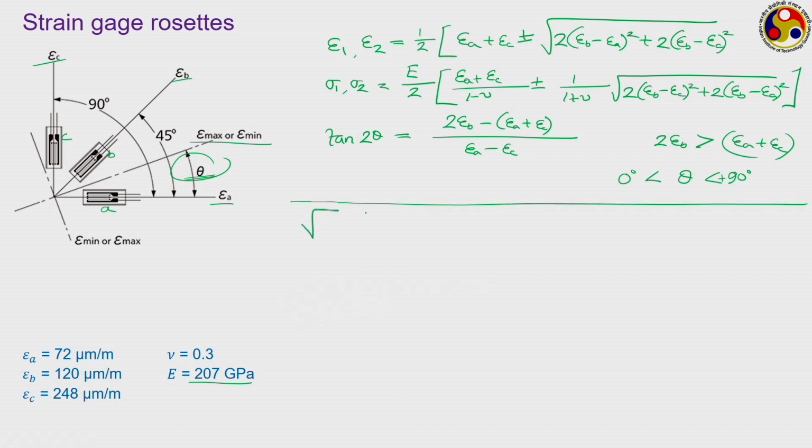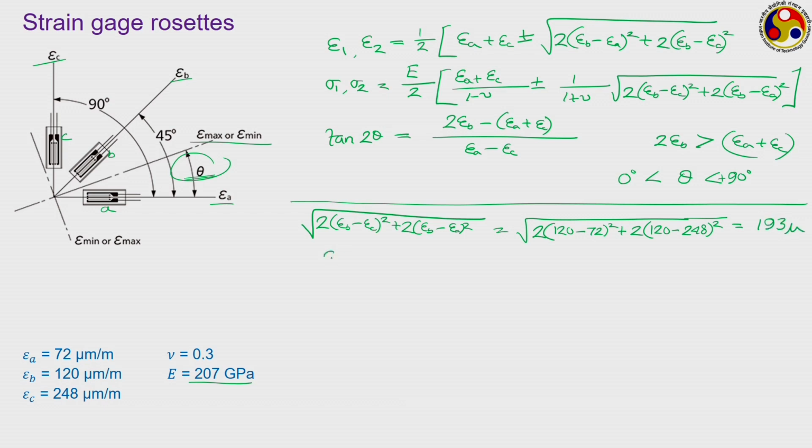So 2 into epsilon b minus epsilon c whole square plus 2 into epsilon b minus epsilon a whole square, that is, if we put the values, 2 into epsilon b is 120 minus 72 whole square plus 2 into 120 minus 248 whole square, and the calculation of this one is giving us 193 micron per meter.